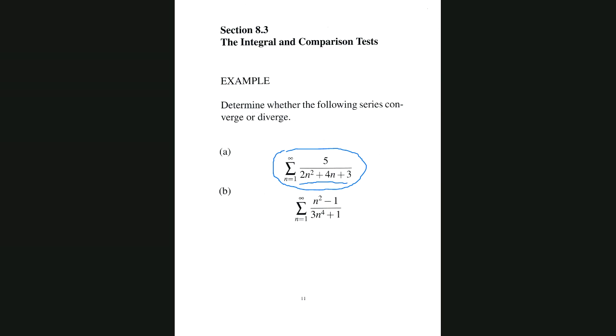So if we were to sort of ignore the 4n and the 3, this series would actually behave, well, I want to be a little bit careful here. Let me just see here. I want to make sure that everything I'm saying is correct. One moment, I'm just writing something down.